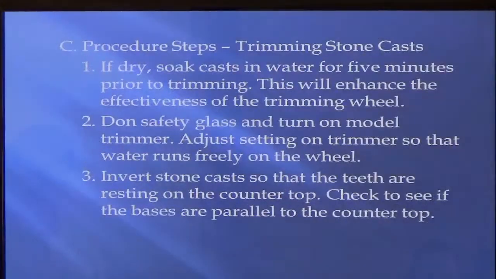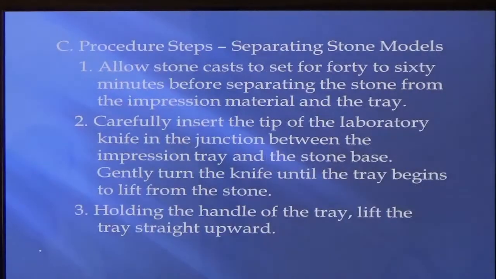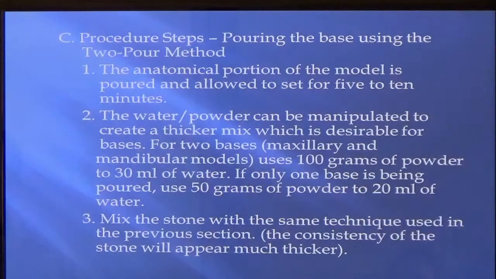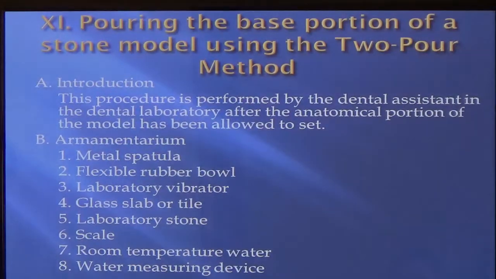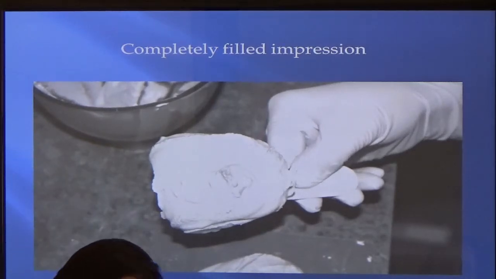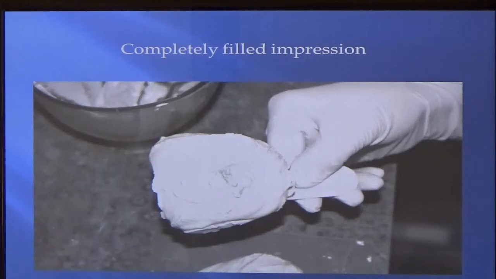Let's see. I thought there was. No, that's it. Thinking of something else. Anyway, the pouring of the models will make more sense when you're actually doing it. That just goes step by step on how much powder and mix it. But he'll go over it.